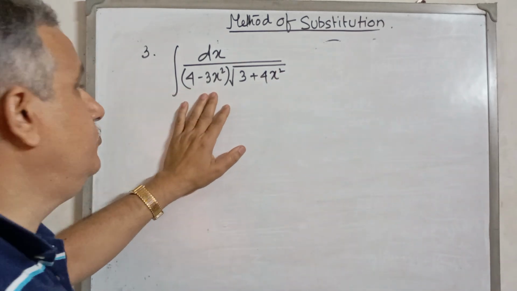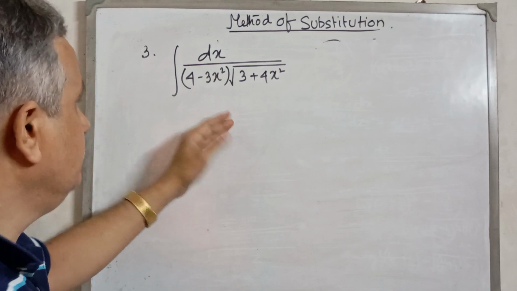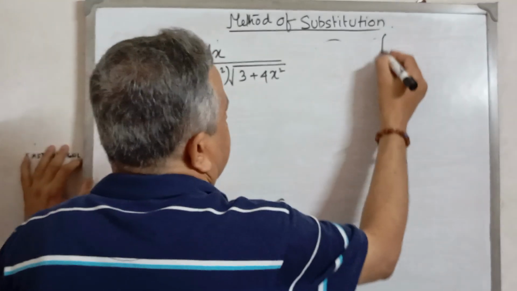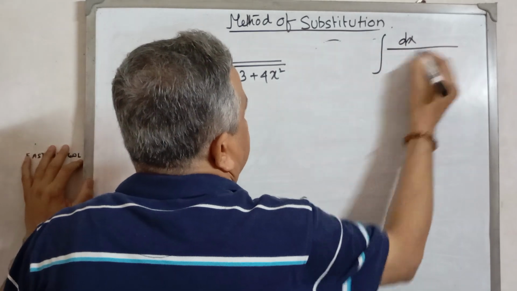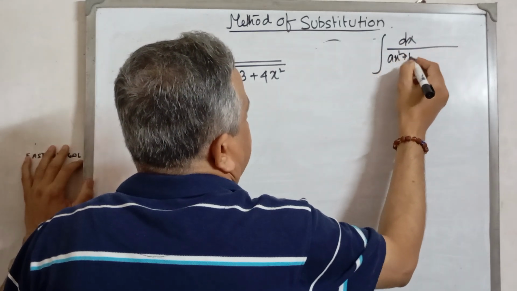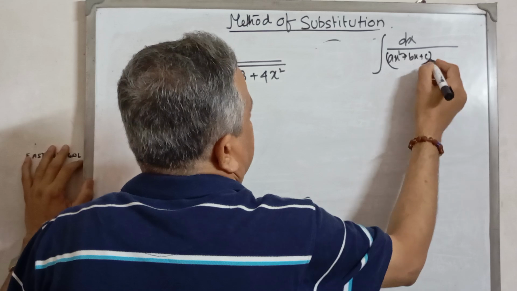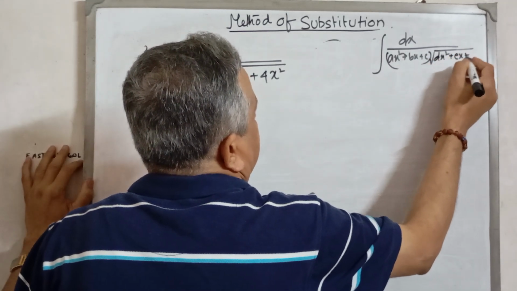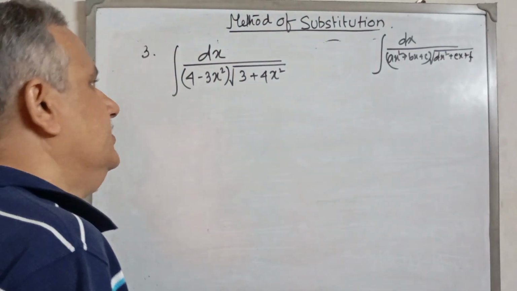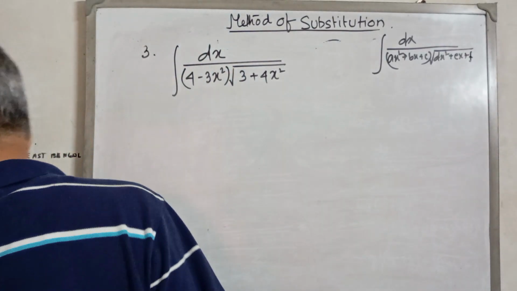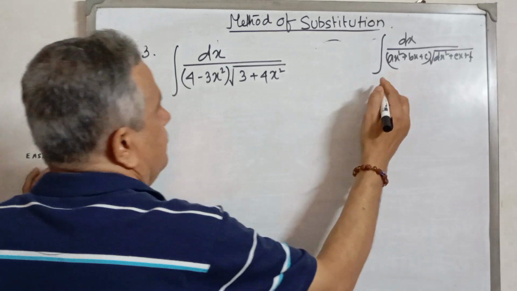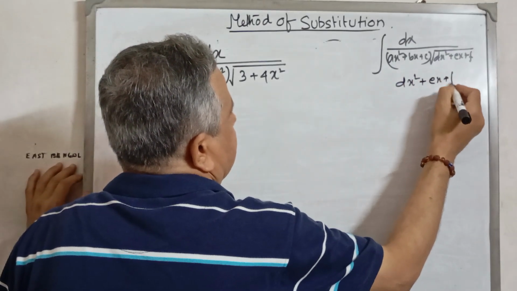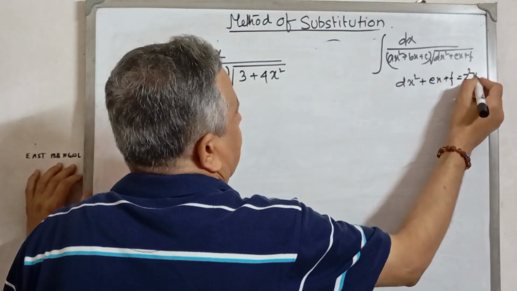If both outside root and inside root are in quadratic form, that is dx by ax square plus bx plus c root over dx square plus ex plus f, in that form, then we can write under root is z square x square.